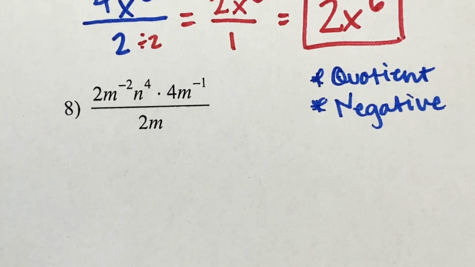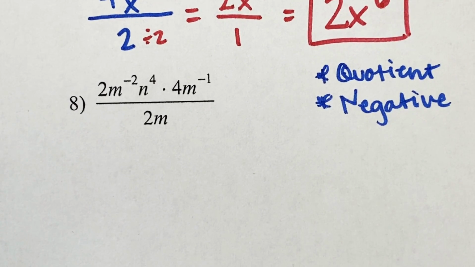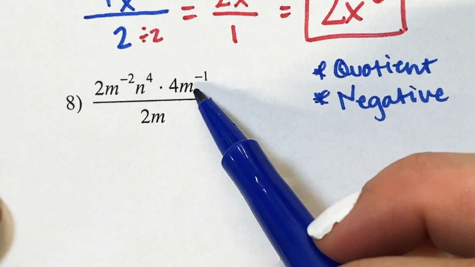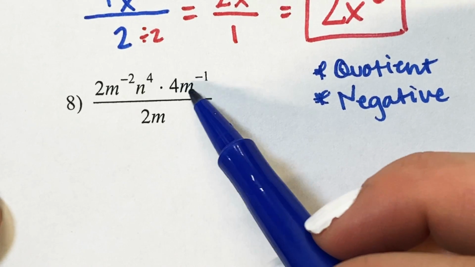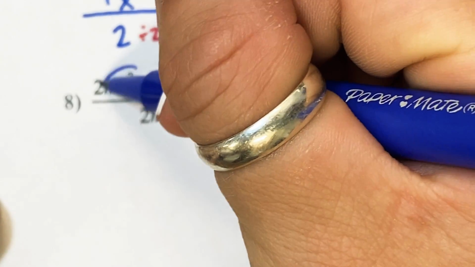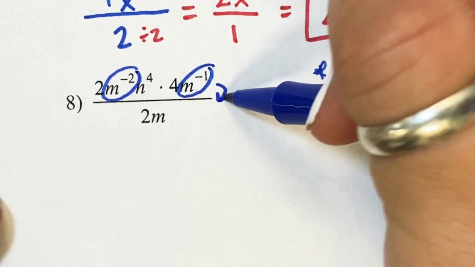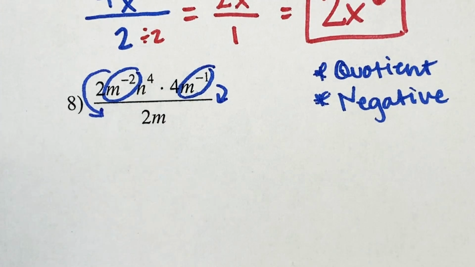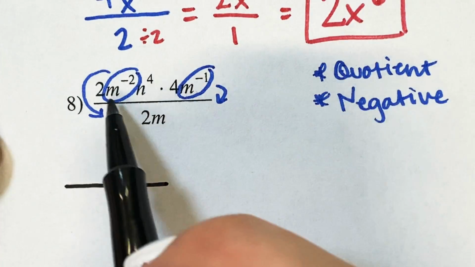So find your negative exponents. I see that I have a -1, and right, it only is attached to the m. Only attached to what's right in front of it. Okay, and then a -2 to the m. Okay, so these both move from the top to the bottom. So I'm just going to rewrite it because that looks a little messy. Okay, I'll rewrite what was left on top.